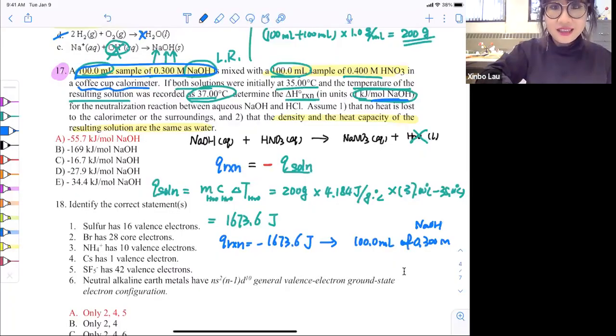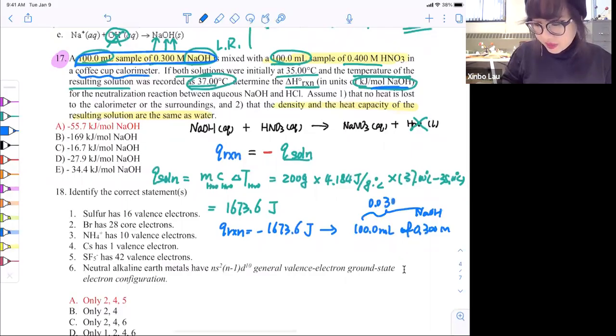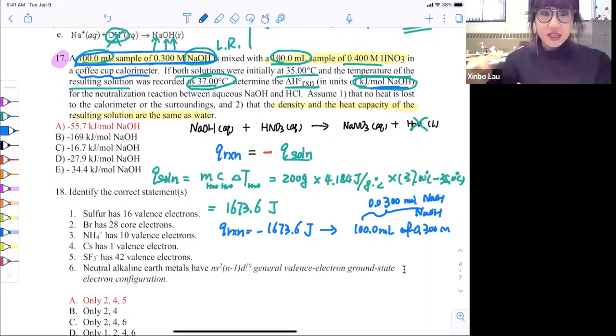Then we can calculate how many moles that much heat is for, right? You multiply and divide by 1,000, and you get 0.03 moles of sodium hydroxide. So basically that much heat is coming from 0.03 mole, but we wanted to know every 1 mole, right?